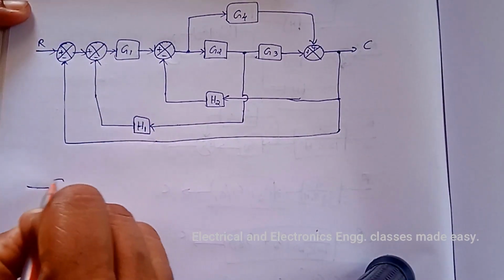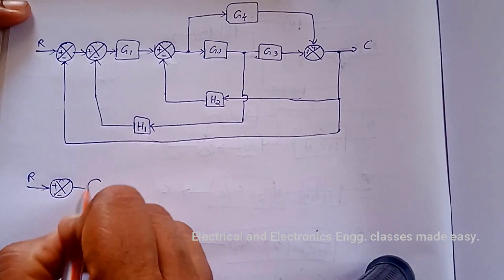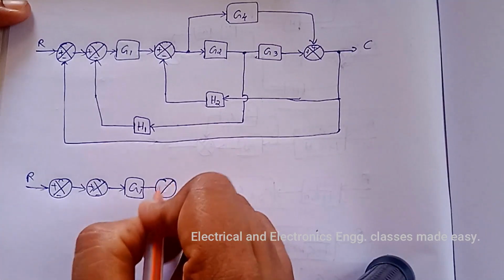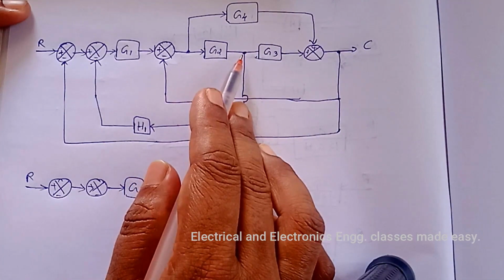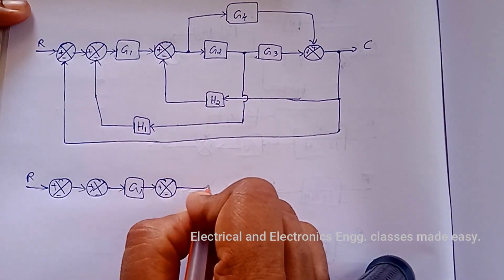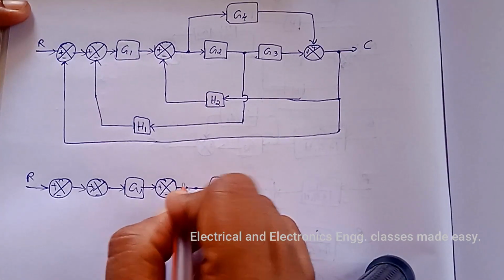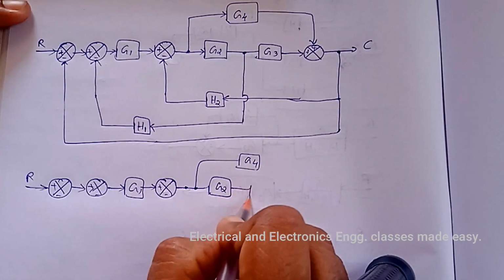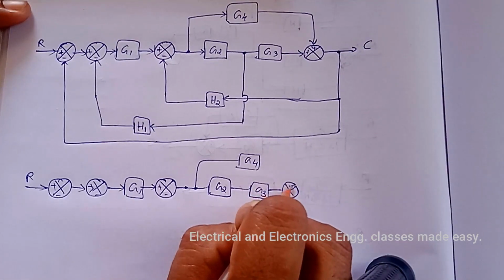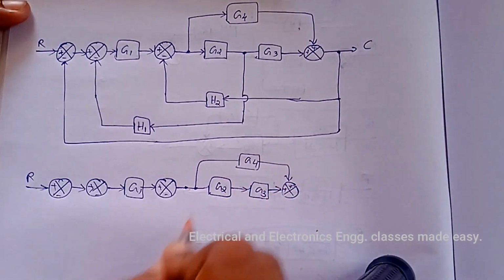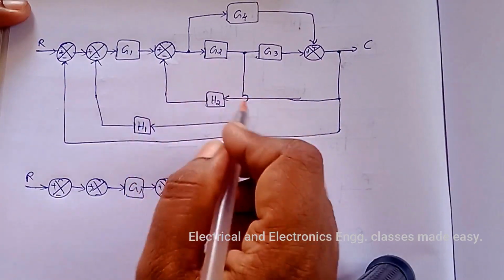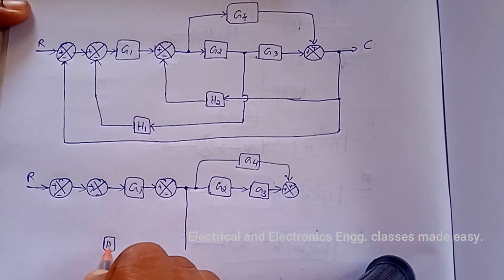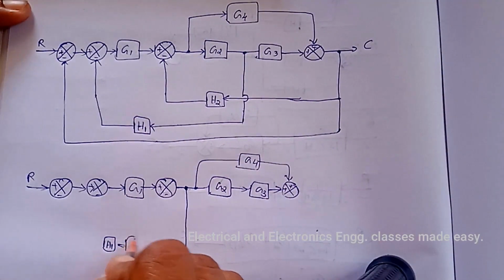That is first one is R, then again summing point, then G1, summing point, then this point we have to change to this side, so here G2 is there, then branch point, that is G4, then G3, then summing point, and this is here, so this one, that is H1 and G2.